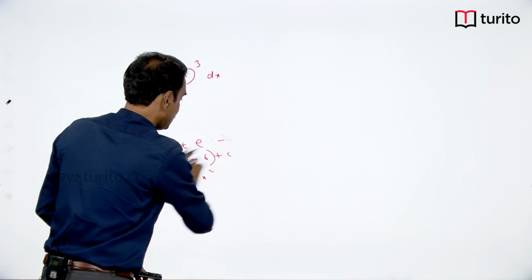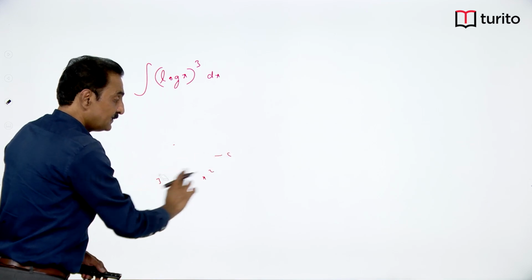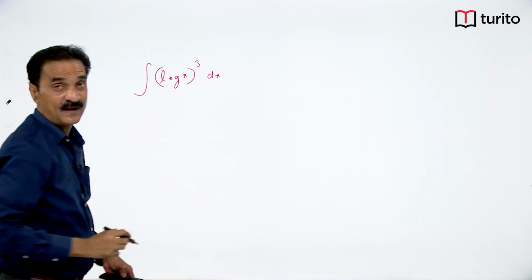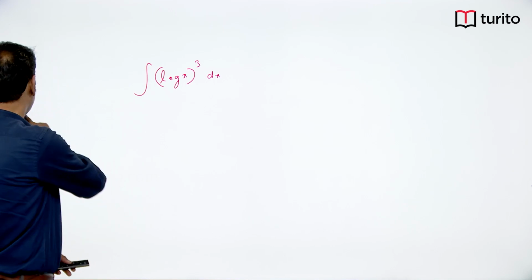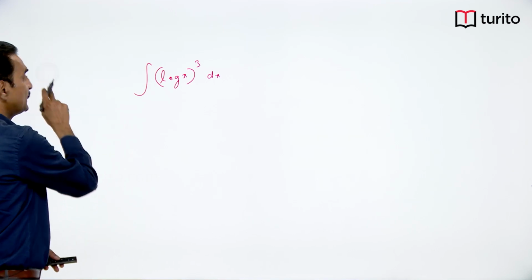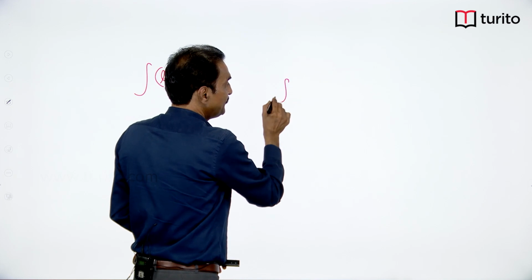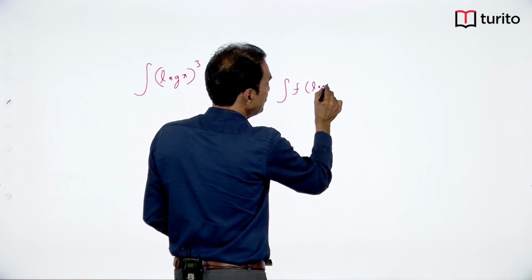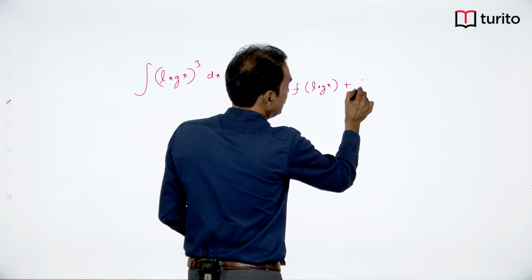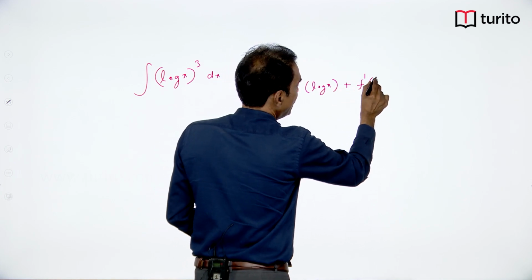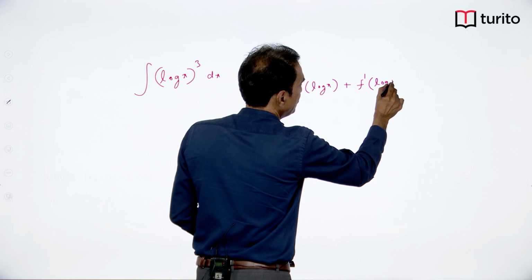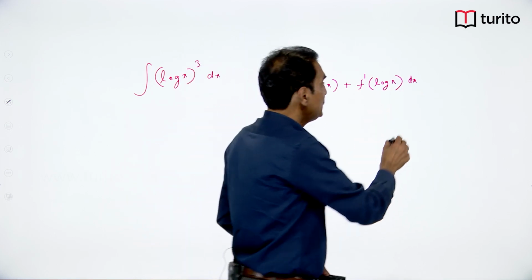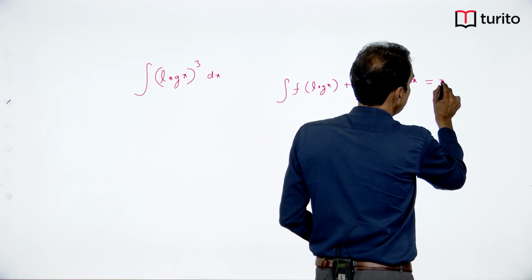by using the formula. What is that formula? Integral of f of log x plus f dash log x dx is equal to x f of log x.